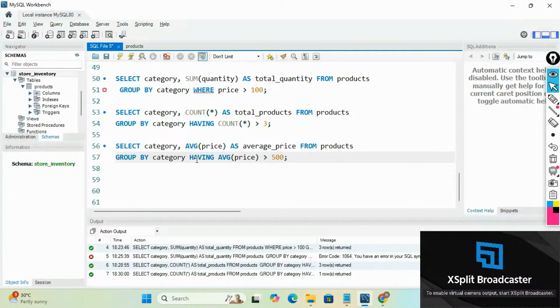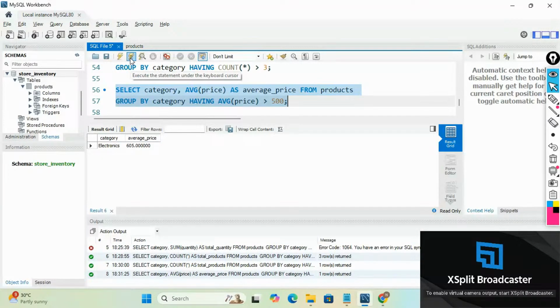Then what is the condition? The condition says, for any category, if the average of price is greater than 500, only those categories and their average price are to be written in the output. Let's see which categories have an average price greater than 500.